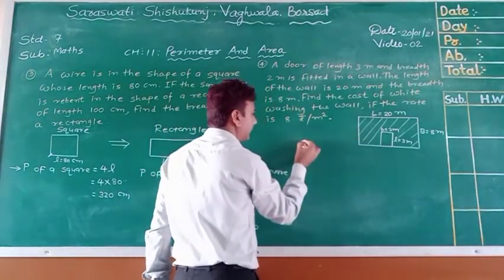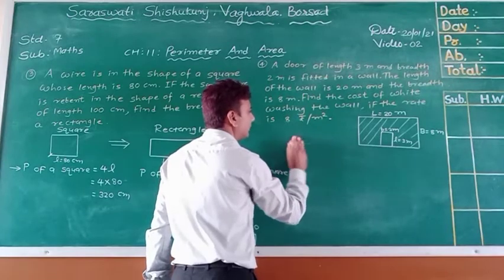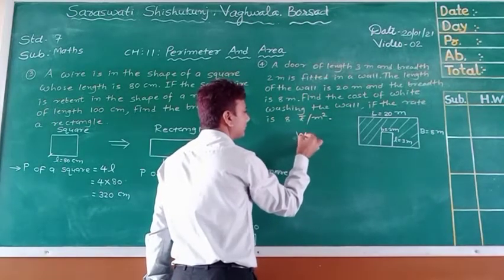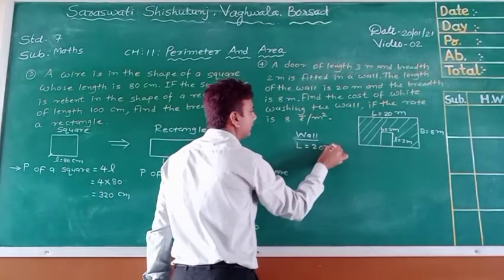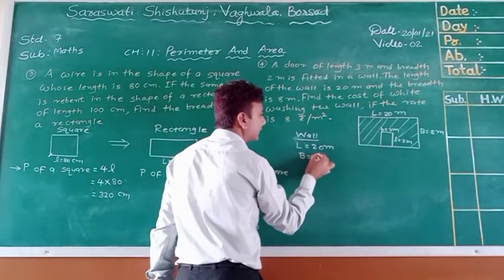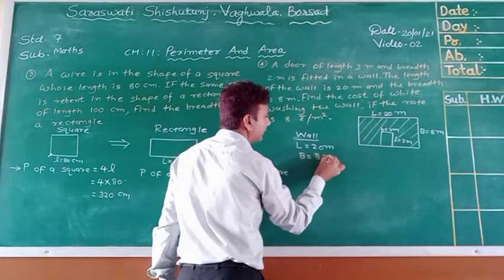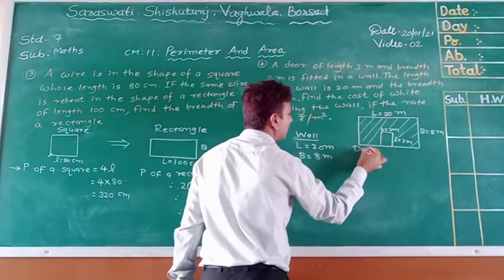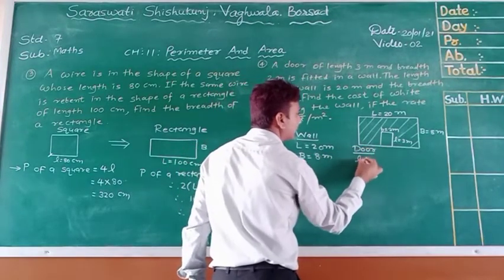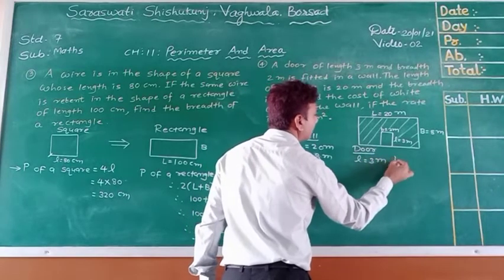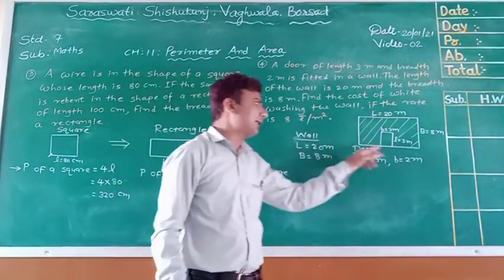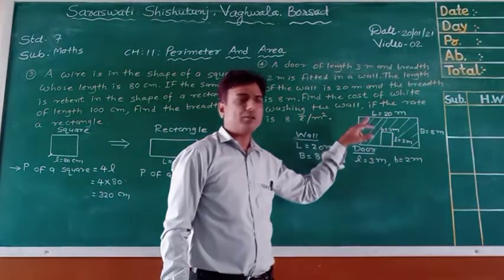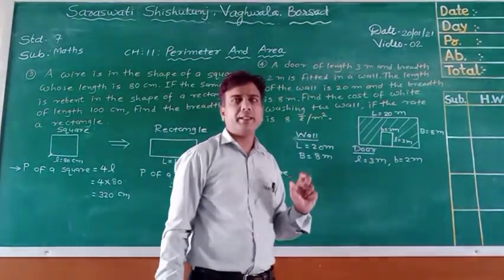See this rectangle, this wall, its length is 20 meter, breadth is 8 meter. And this door length is 3 meter, breadth is 2 meter. Okay. So simple, first we find this whole area, and from this whole area we remove this door area.